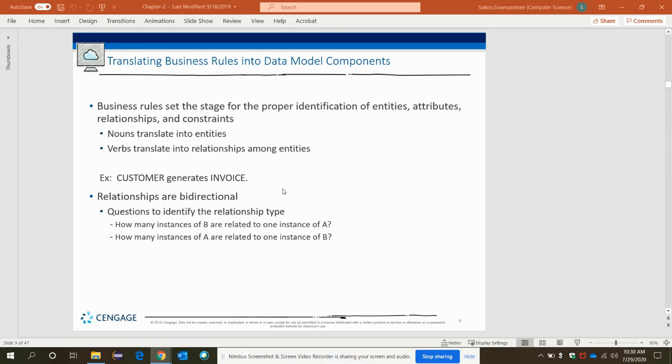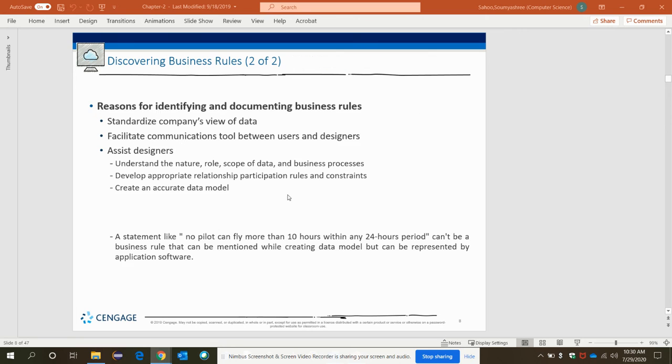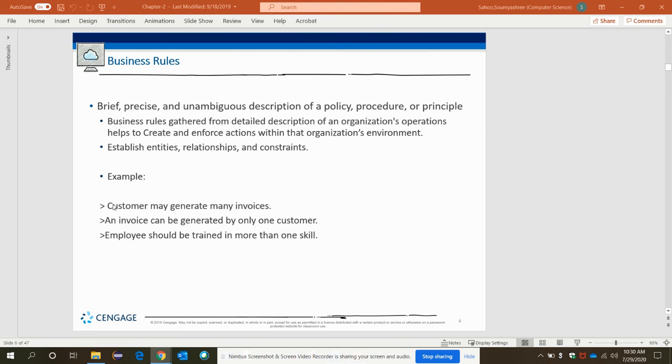For example, you write a business rule: a customer may generate many invoices. What should we understand from this? It contains two nouns, customer and invoice, and a verb, generate, that associates them. So this is how you write the business rule.